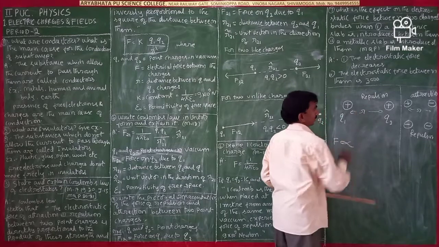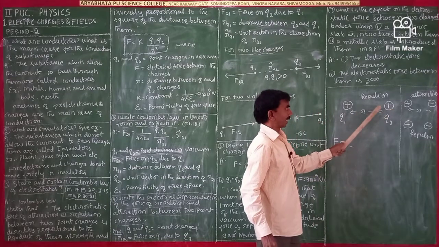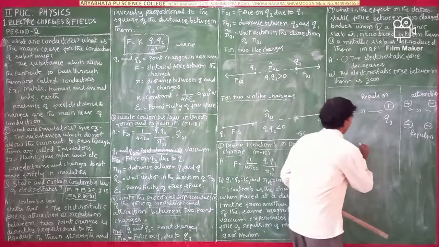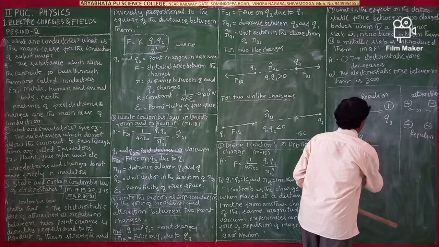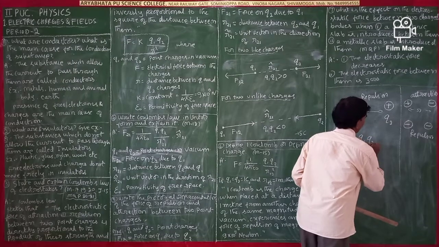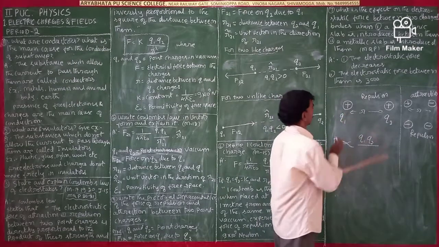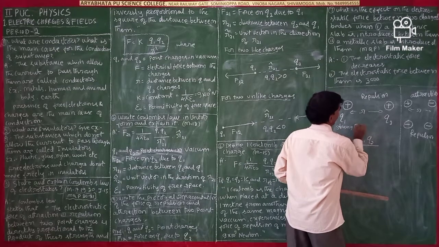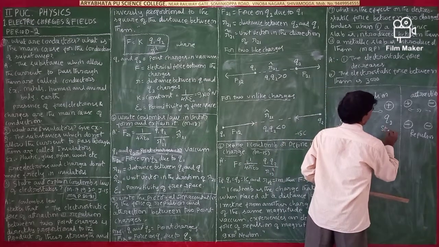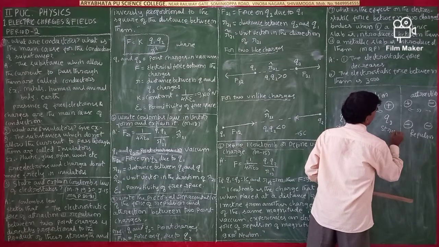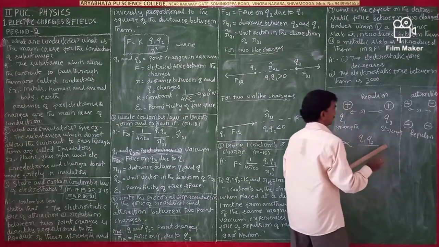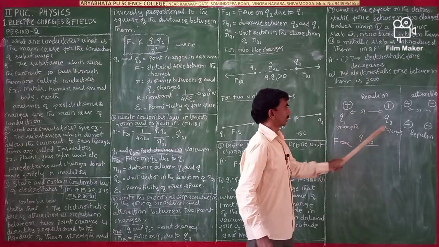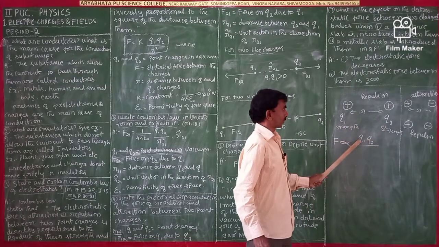The force between the two charges is directly proportional to the product of their strengths. Q1 is the strength of one charge, and Q2 is the strength of the other.